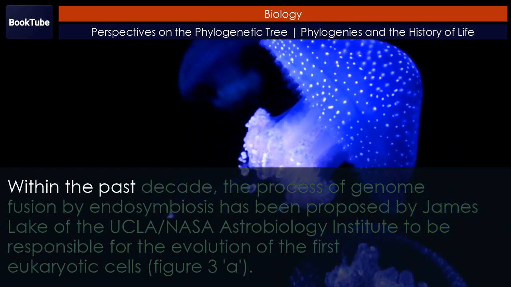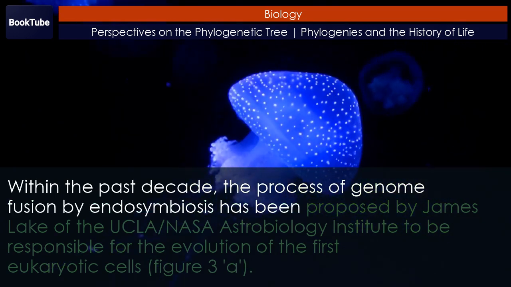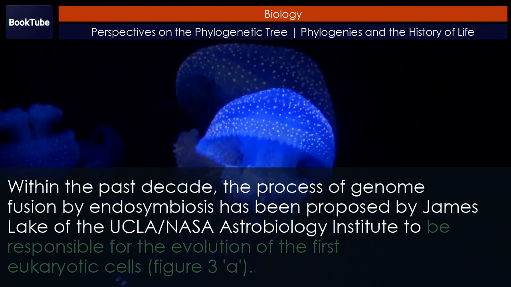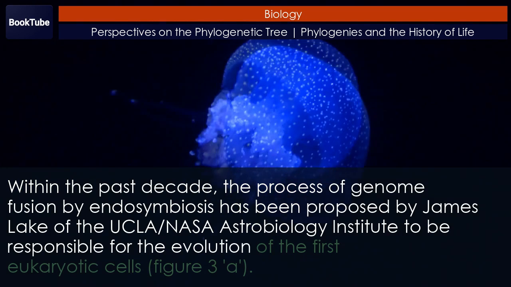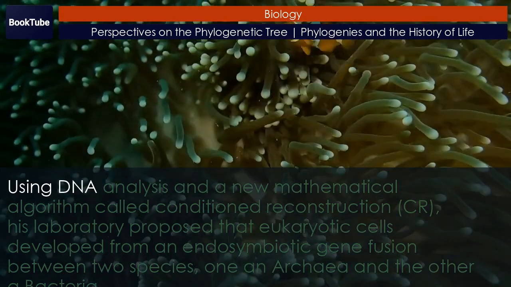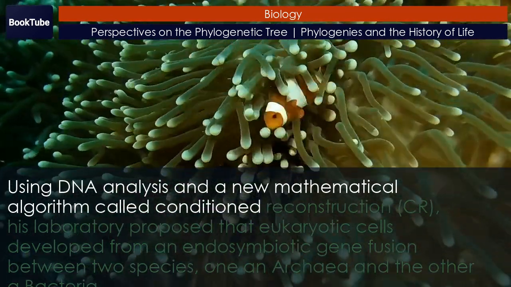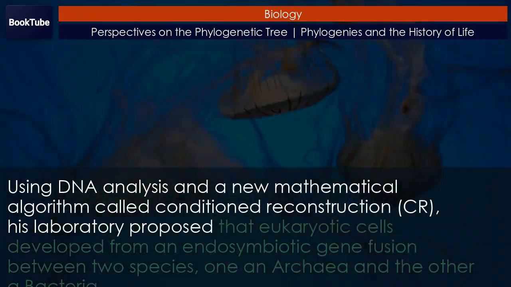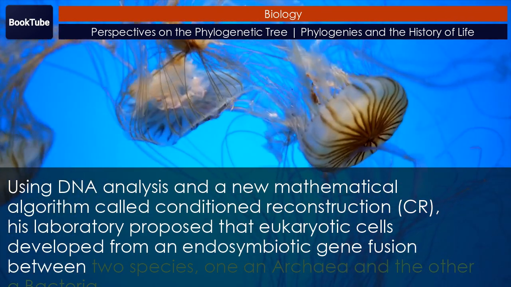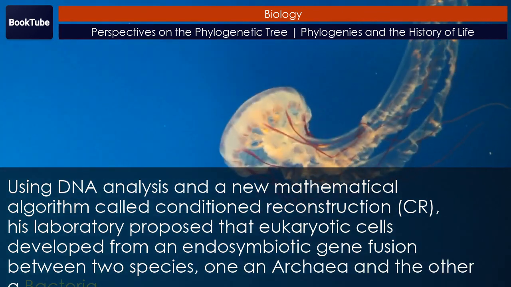Within the past decade, the process of genome fusion by endosymbiosis has been proposed by James Lake of the UCLA NASA Astrobiology Institute to be responsible for the evolution of the first eukaryotic cells. Figure 3. Using DNA analysis and a new mathematical algorithm called conditioned reconstruction, CR, his laboratory proposed that eukaryotic cells developed from an endosymbiotic gene fusion between two species, one an archaea and the other a bacteria.